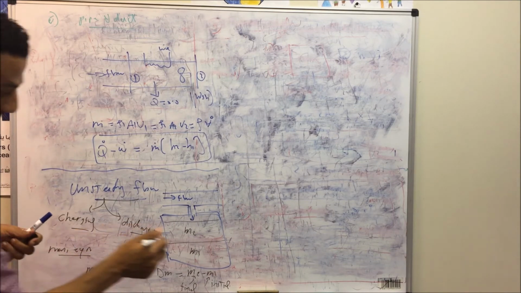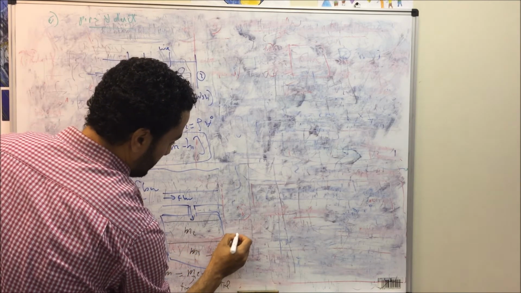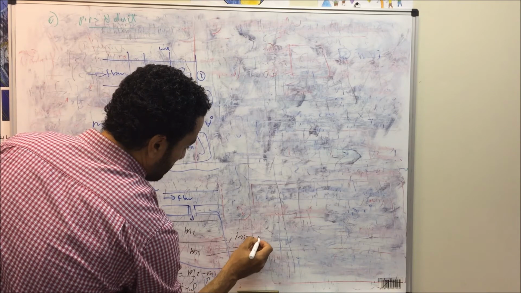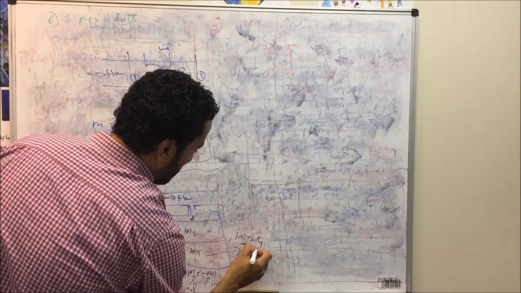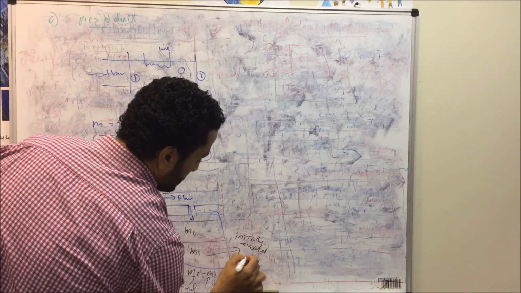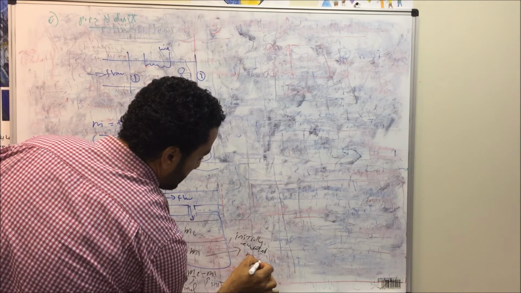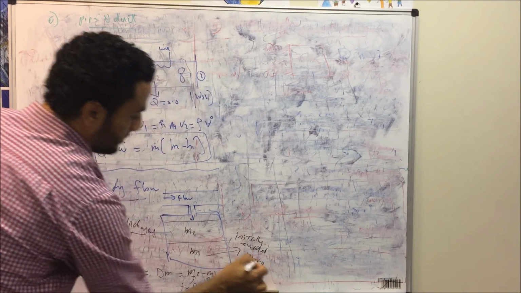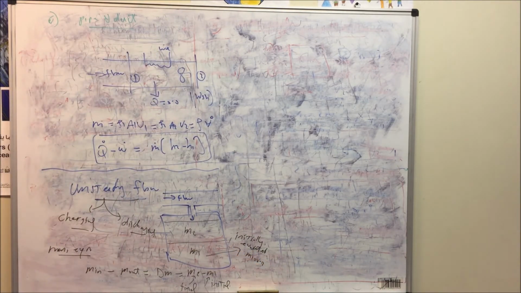If it's said that the system is initially evacuated, this means M1 is equal to what? Equal to 0 in this case. If it is initially evacuated; otherwise it is there. Mass in is the mass inlet to the system.